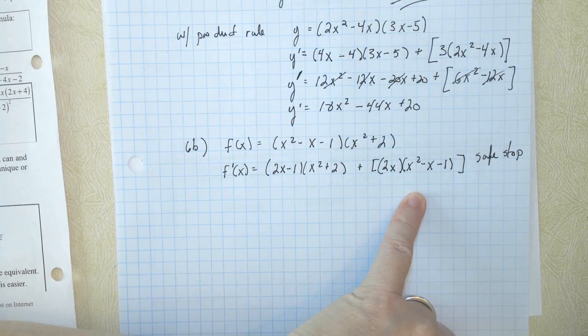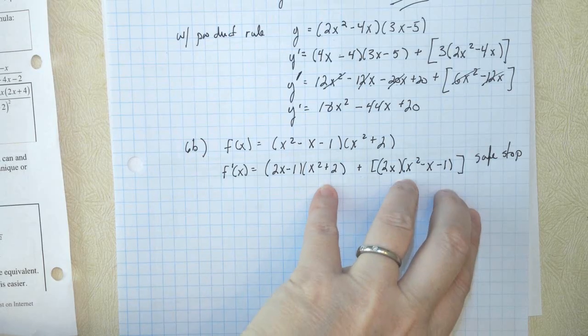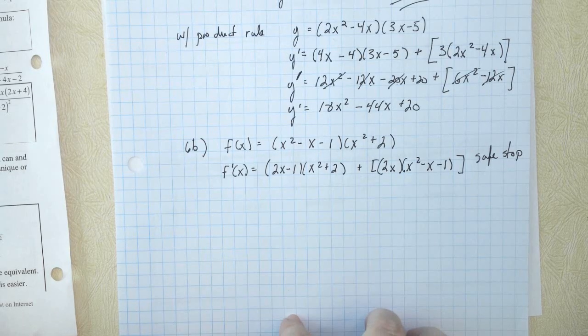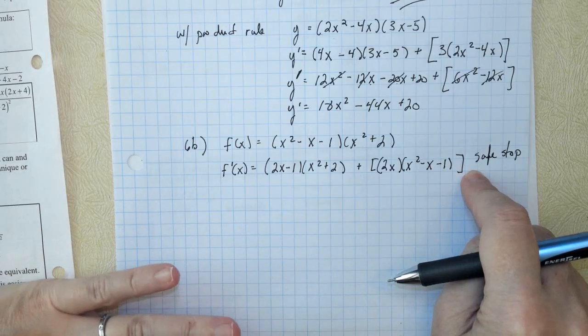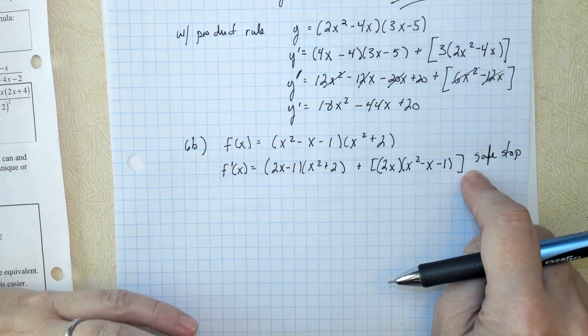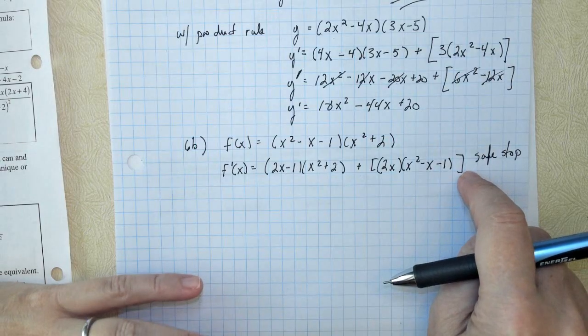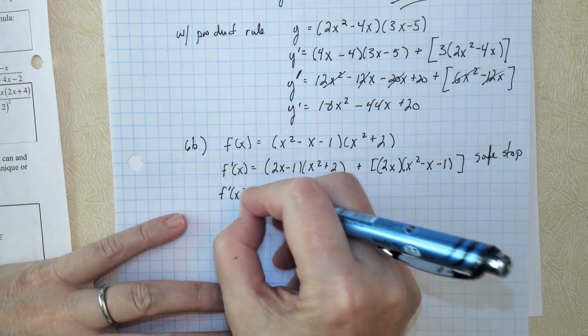However, on multiple choice questions and on my tests and quizzes, I'm not always going to be okay with a safe stop. I am going to expect you to keep going on. So know what a safe stop is if we're talking about the AP test. If I'm giving you open-ended things, then this is okay to do. But on a multiple choice, we're probably going to expect a little bit further.